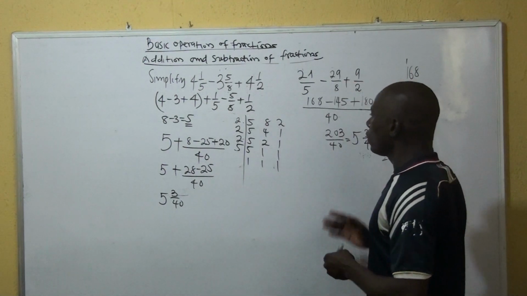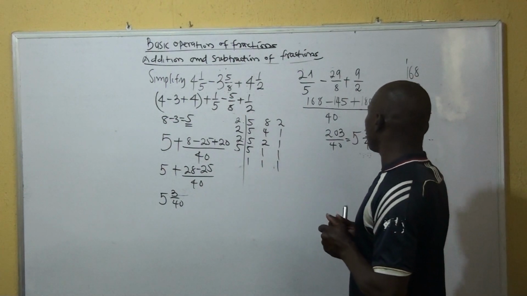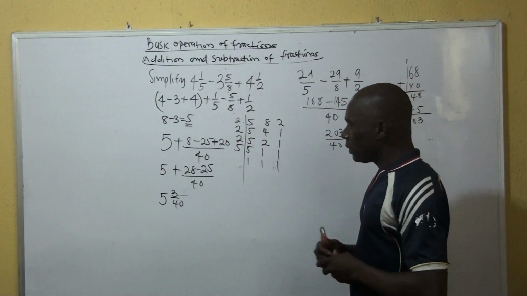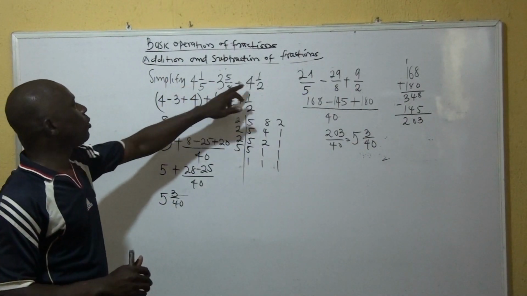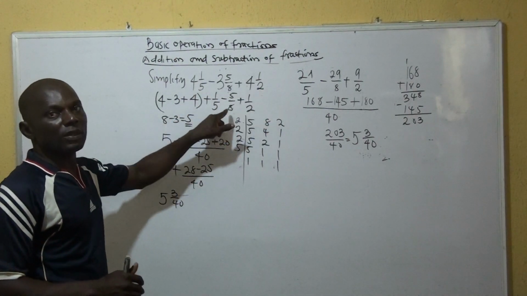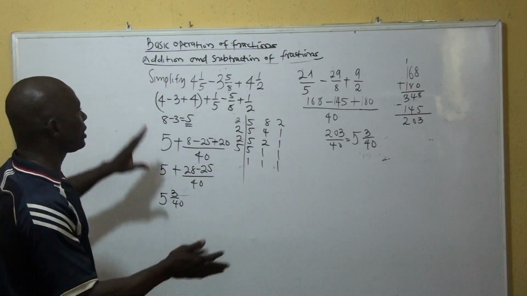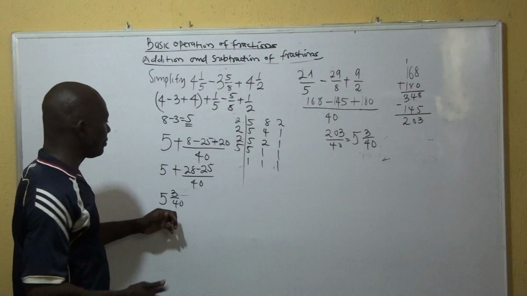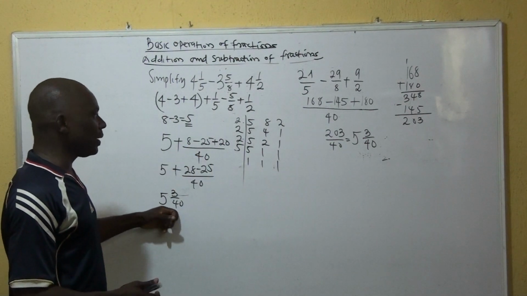These are the two ways you can carry out fraction operations. You can do this approach by first of all adding all the whole number parts, then you carry out the basic operation concerning the fractional parts. Once this is done, you can do the necessary operation and arrive at your answer.